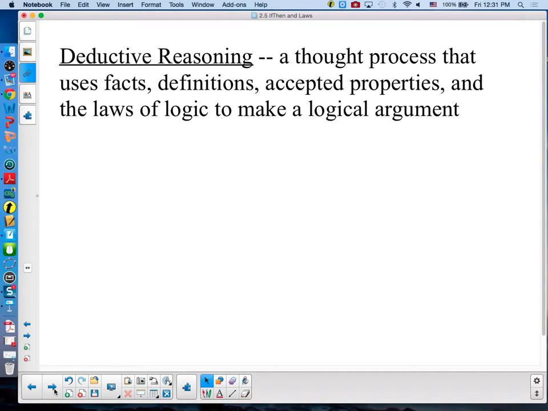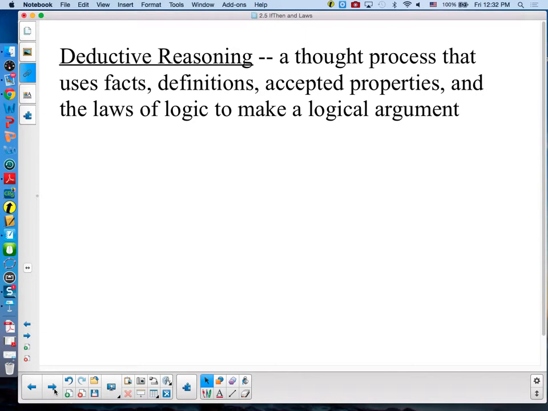Deductive reasoning is a thinking process that uses facts, definitions, accepted properties, and the laws of logic to make a logical argument. We were talking about inductive reasoning.